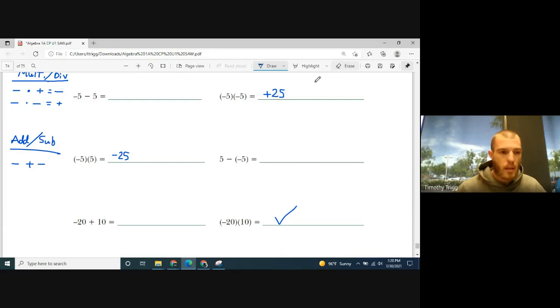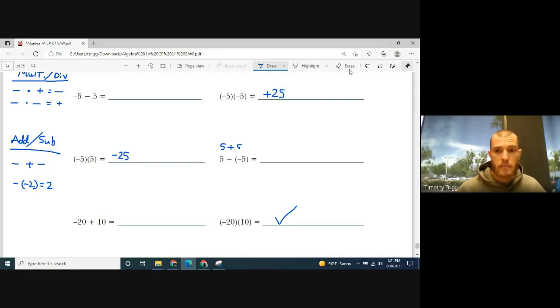And you might see a double negative, like this one has 5 minus negative. If you see a minus negative like that, you want to make that a plus. So this is the same as saying 5 plus 5, okay? So if you have minus a negative number, that's the same as just saying that number. So minus negative 2 is the same as just positive 2.